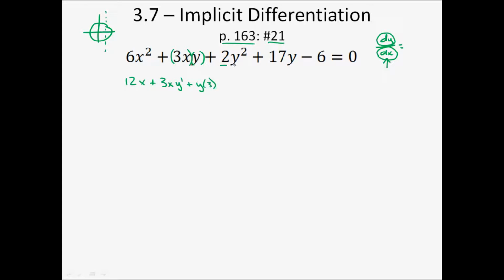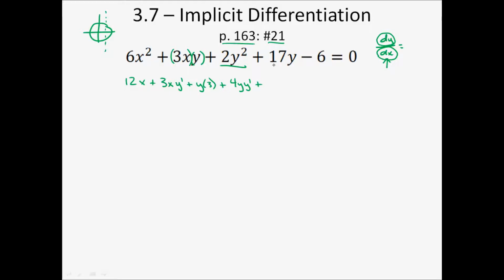Now let's move on to the third term, which is going to be 4y. But be careful here, there's some chain rule. It's going to be 4y times the derivative of y, which is y prime. We'll talk more about why that is in class, but remember y could be a function, so we need to consider that there are some x's in there.